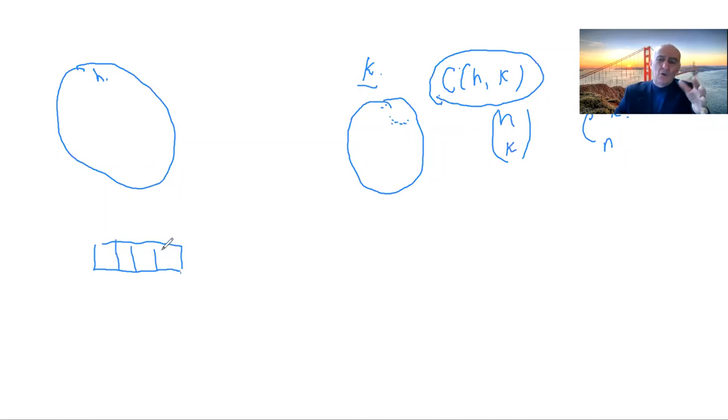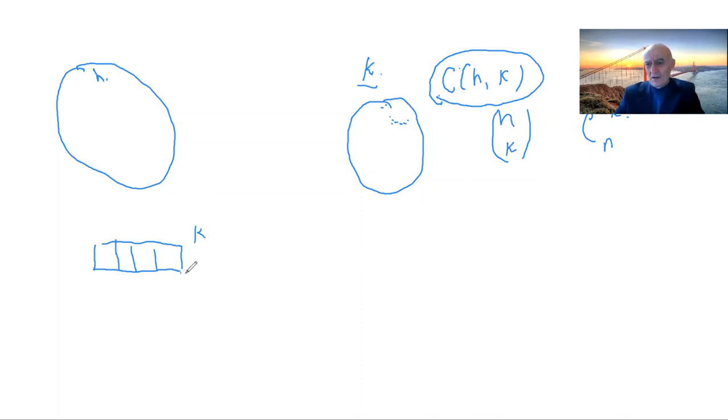We know that if I had n slots, as in the previous example, all possible orderings would be n factorial. But now I have n elements, but not n slots, I have k slots.